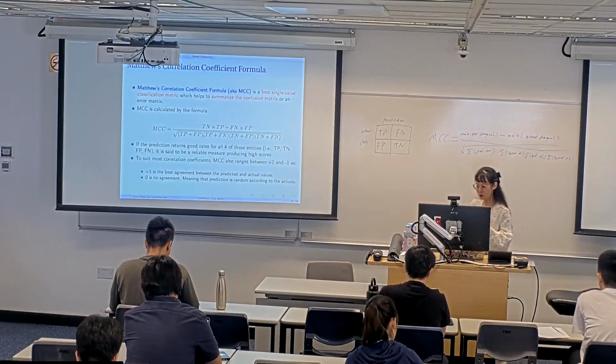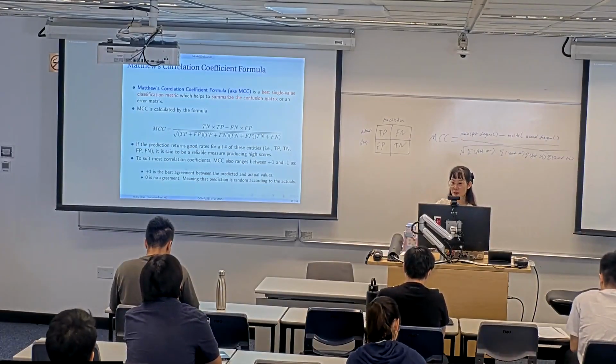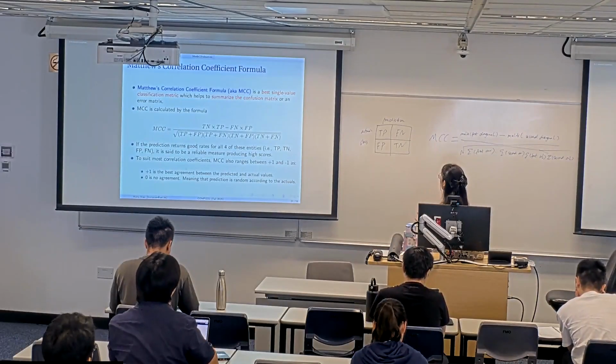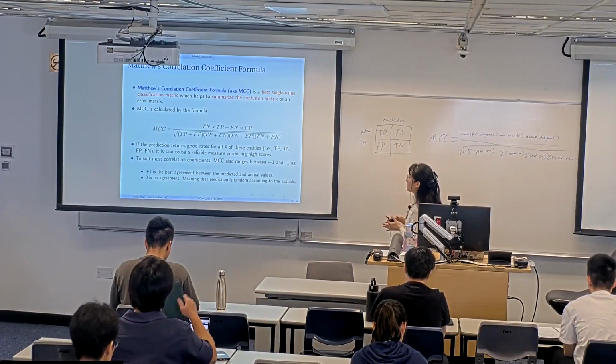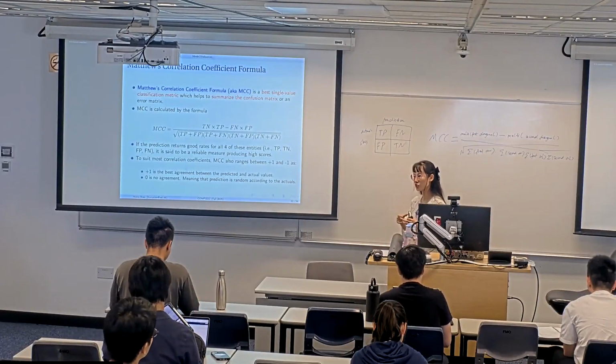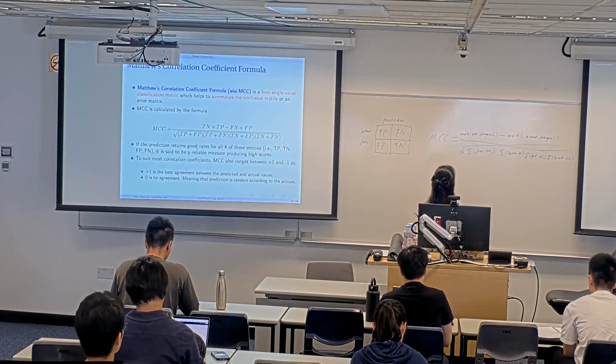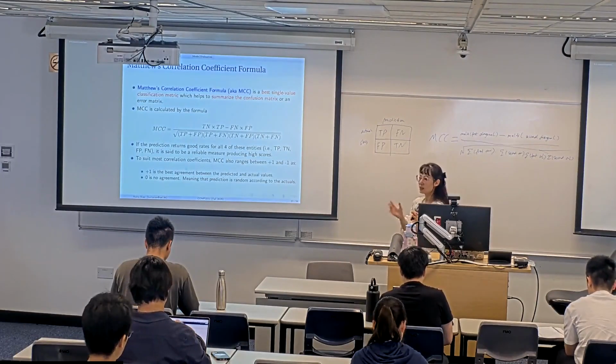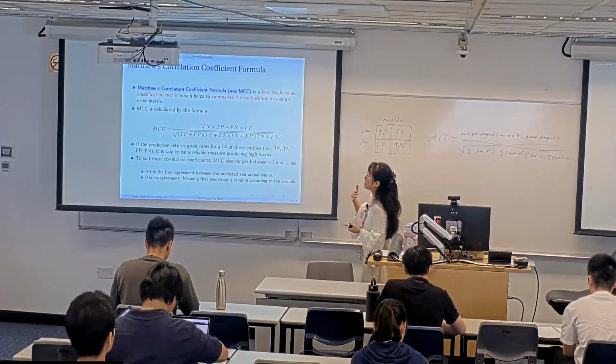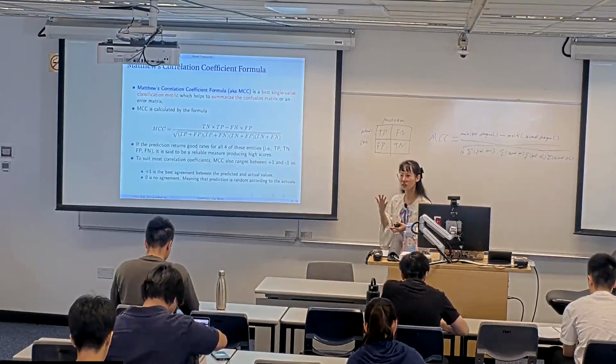So it is easier to understand what this MCC is trying to measure. MCC takes the diagonal elements, does the multiplication, and then divides it by the square root of the multiplication of the sum of each row and each column.